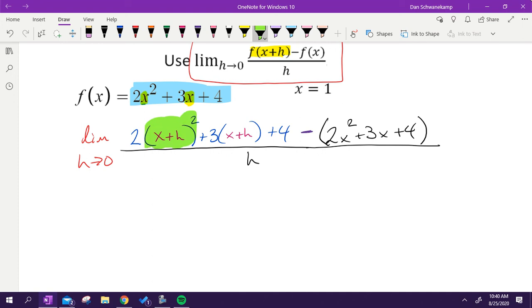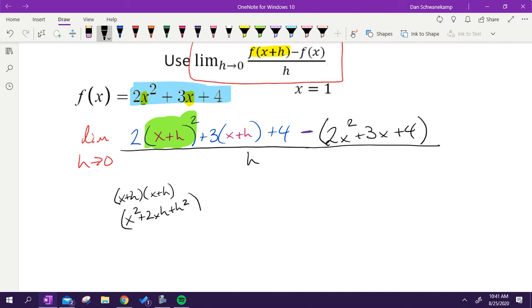You square it before you multiply by 2. So I'm not going to write it all out, but it would be x plus h times x plus h. FOIL that thing. Memorize it, really, because if you memorize it, it makes this problem a lot easier. You get x squared plus 2xh plus h squared.